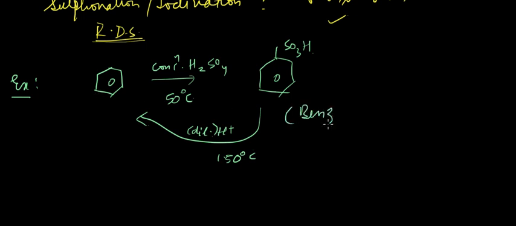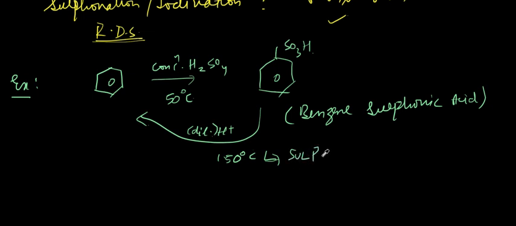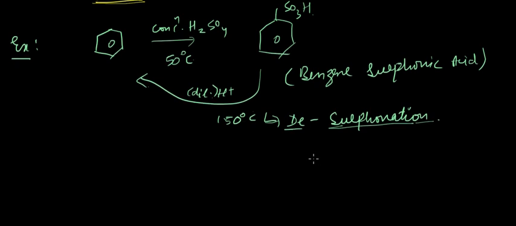So this is called benzene sulfonic acid, and this method is called desulfonation. Now let us look into the mechanism of how this desulfonation takes place.